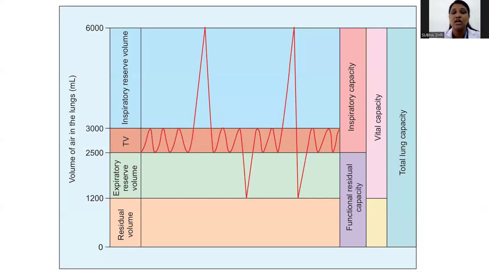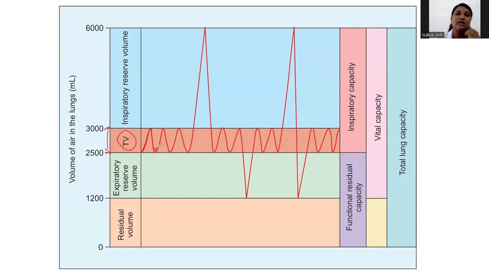This picture shows the recording of spirometry, where from 2500 to 3000, which is around 500 ml, is tidal volume. So what is tidal volume? Let me repeat again. It is the amount of air that is inspired or expired during rest.